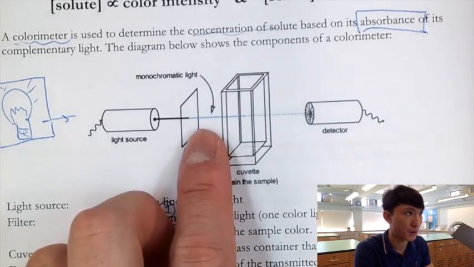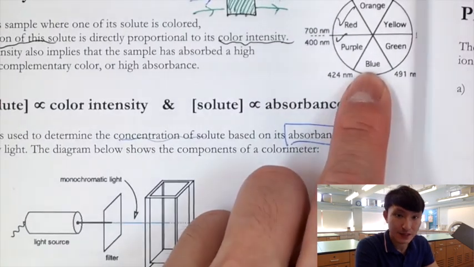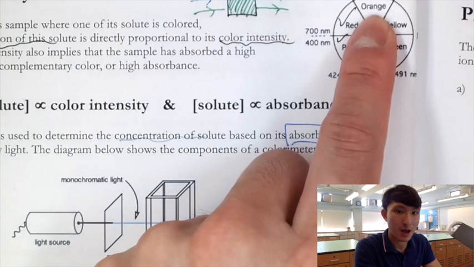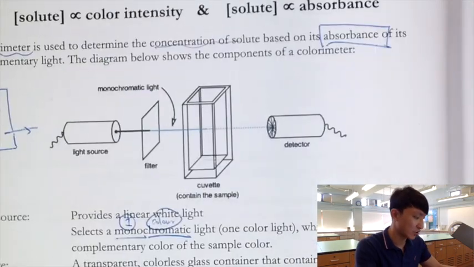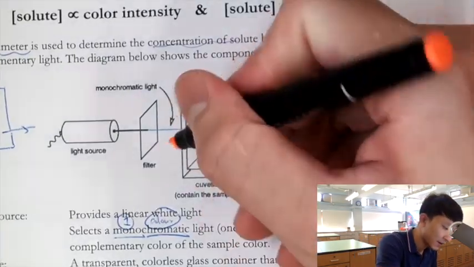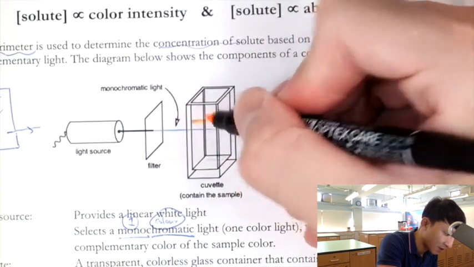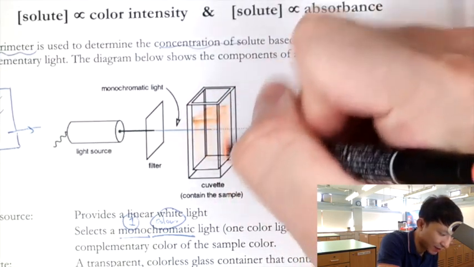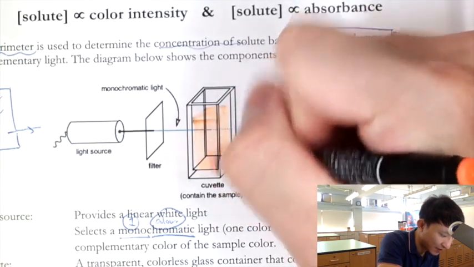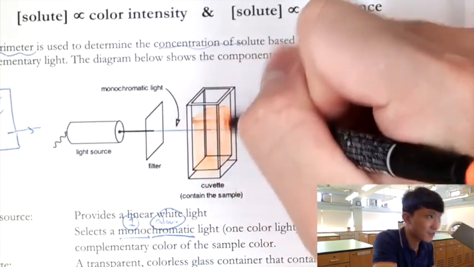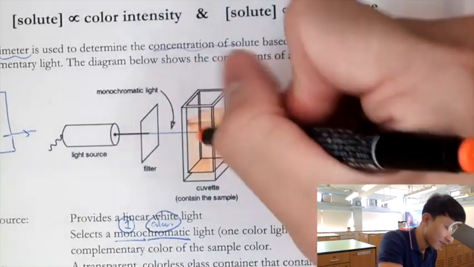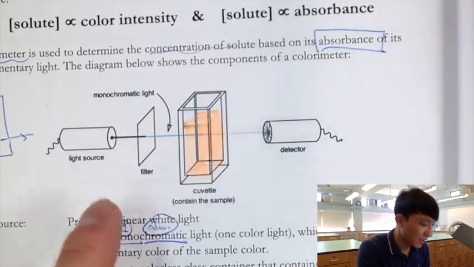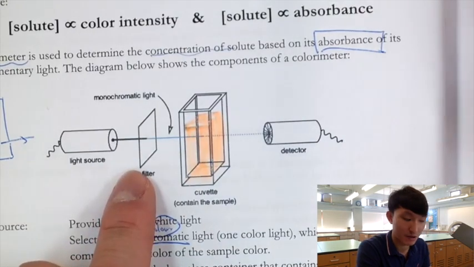If we are choosing a blue, then the opposite color, or the complementary color, of blue is orange, meaning that our sample is actually orange in color. So you can think about it as an orange. Running out of ink, but okay, this is the orange over here. So that's why we choose the blue. So actually the filter will also be blue in color.